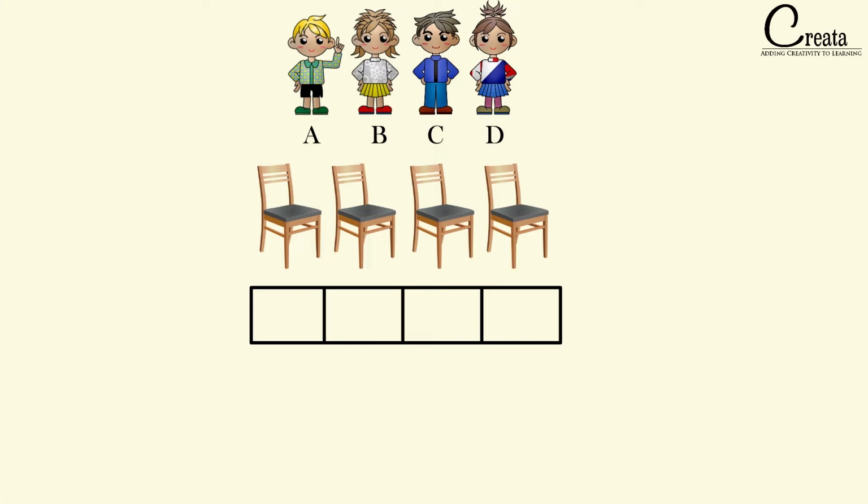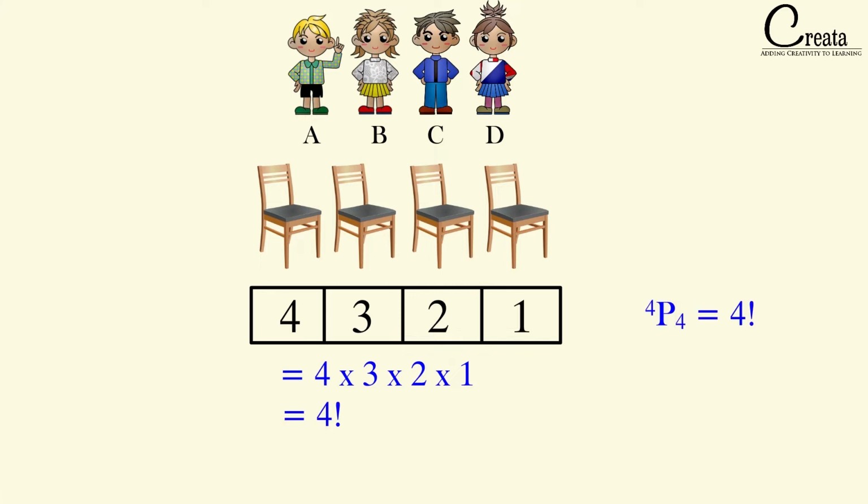In the first chair, 4 persons can be accommodated. In the second chair, 3 persons. In the third chair, 2 persons. In the last chair, only 1 person. So our answer will be 4 into 3 into 2 into 1, that is 4 factorial.